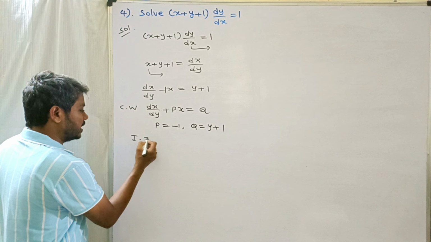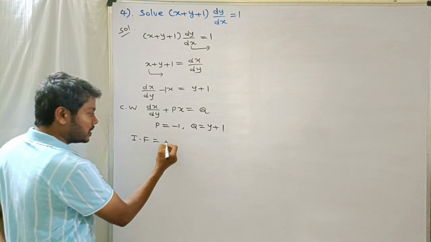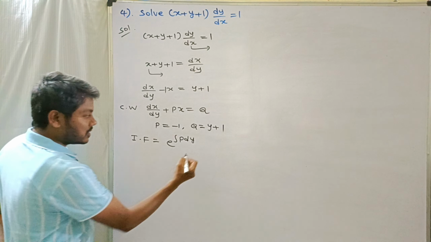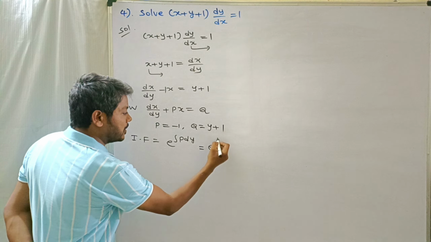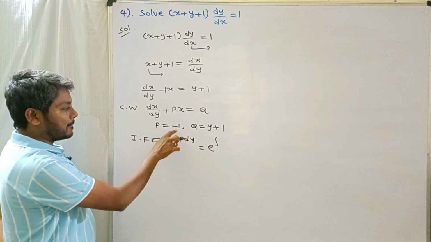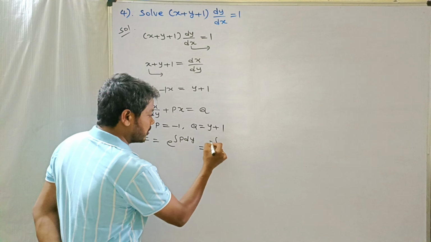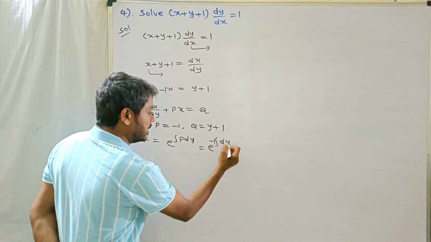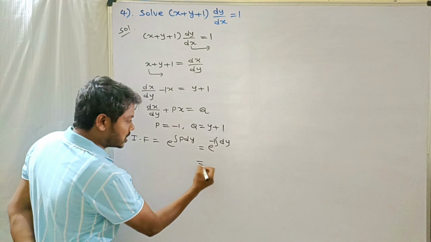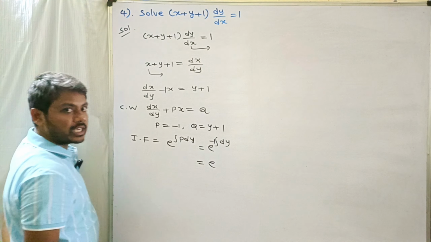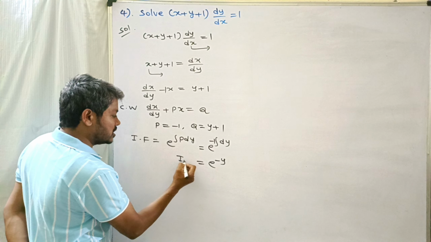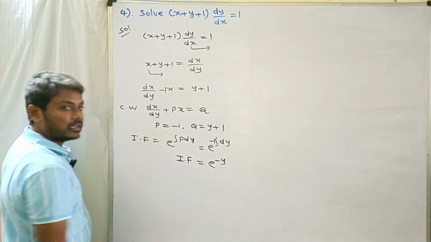We know that the integrating factor IF equals e power integral p dy, which is e power integral of minus 1 dy, which is e power minus y. So that is the integrating factor.